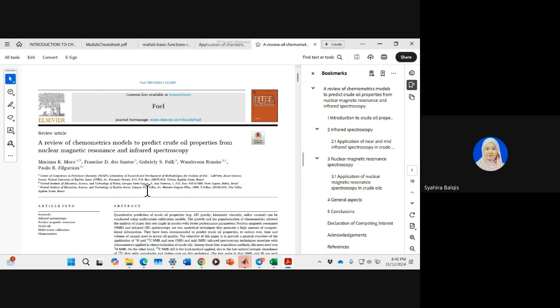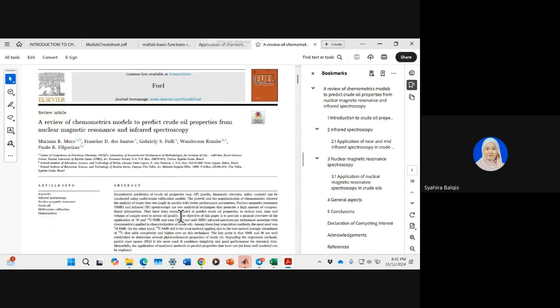But for NMR, they chose both types, which is proton NMR and also carbon NMR. And they wanted to test crude oil properties such as API gravity, kinematic viscosity, and also heavy metals, for example, sulfur.